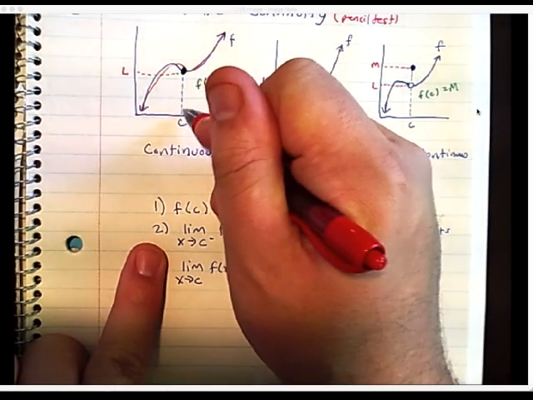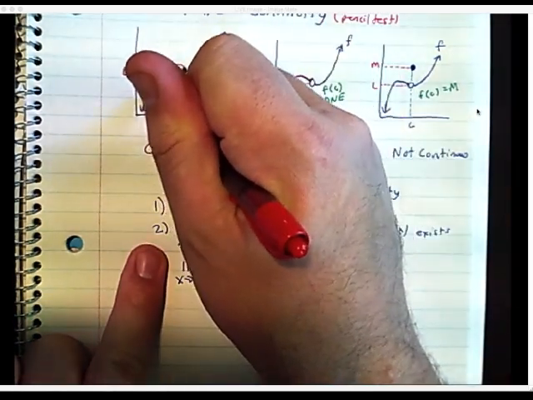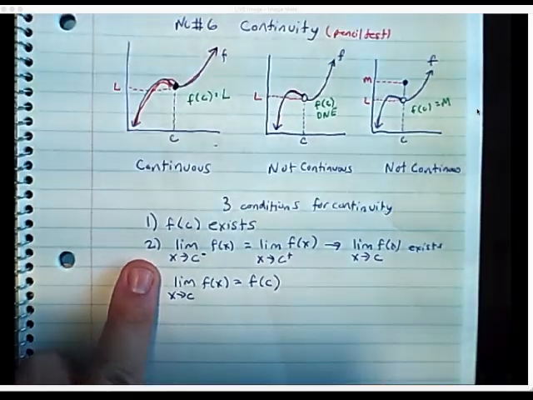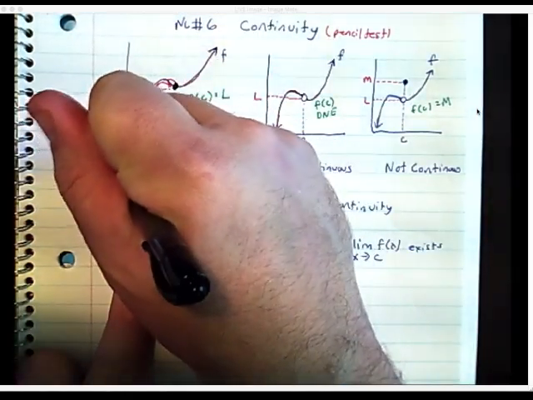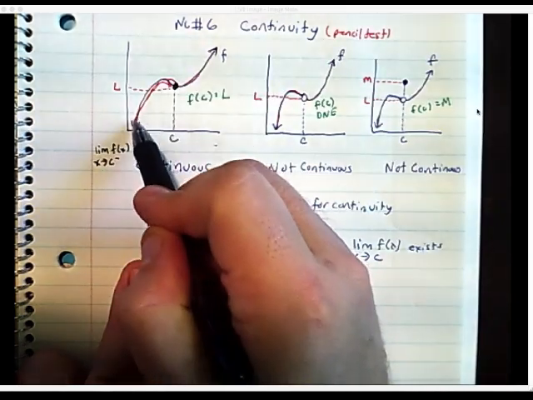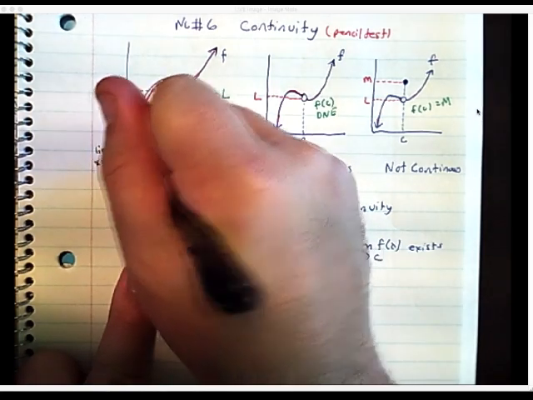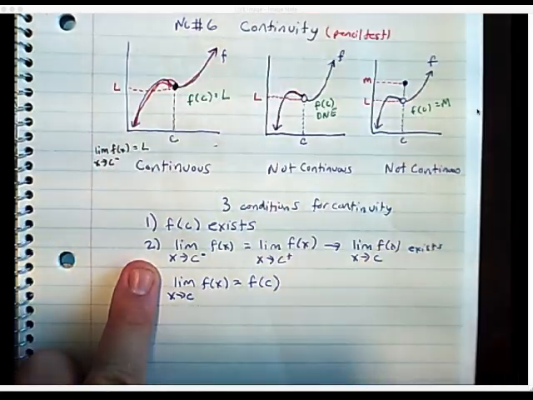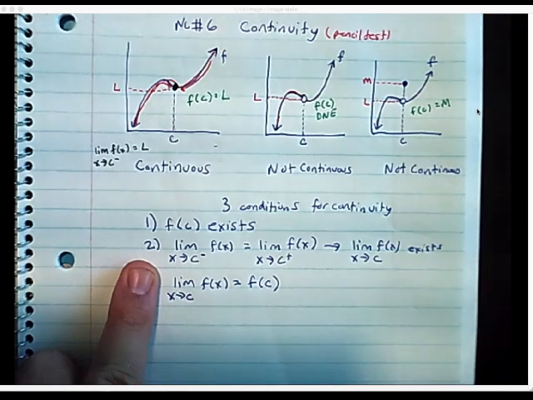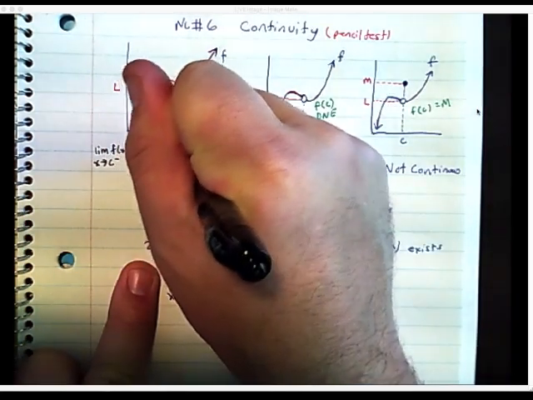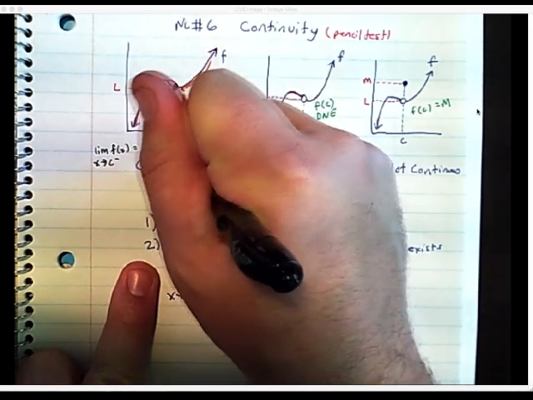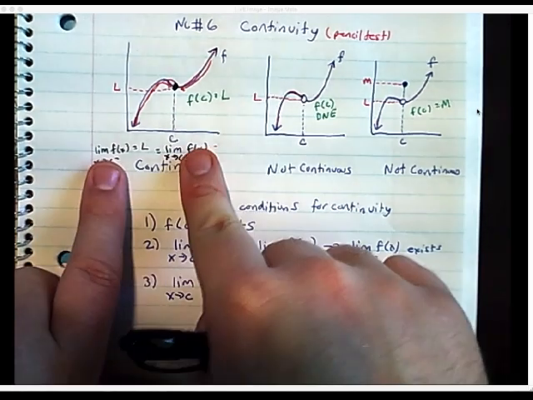As I get closer and closer to an x value of c, I'm getting closer to a y value of L. So on this one, the limit of f of x as x approaches c from the left, I come in from this side, and I'm getting closer to a y value of L. And as I come in from the right side, I'm also getting closer to a y value of L. So that's the same as the limit of f of x as x approaches c from the right. So the left limit does equal the right limit.